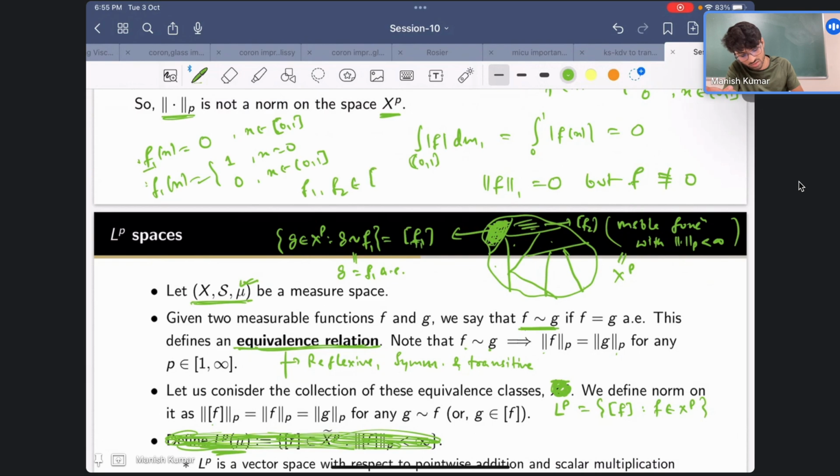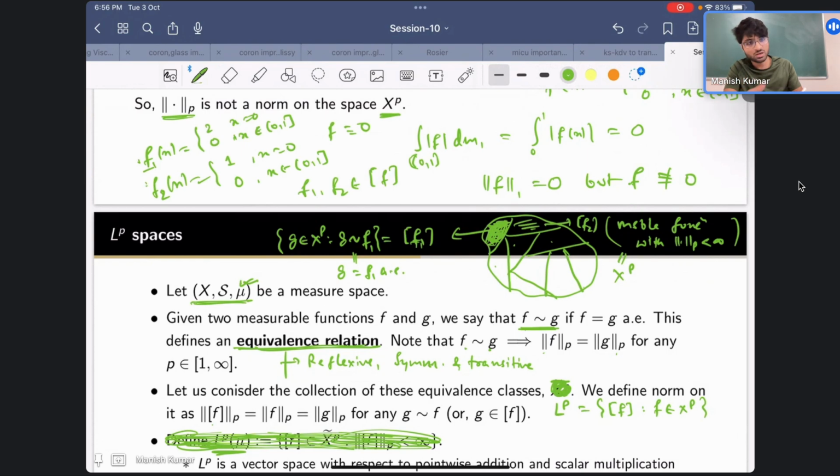Let me define it in this way: f2 is 2 when x is equal to 0 and 0 when x is belonging to (0, 1). You see f1 and f2 are almost everywhere the same, and f1, f2 belong to the function f, where f is identically equal to 0.